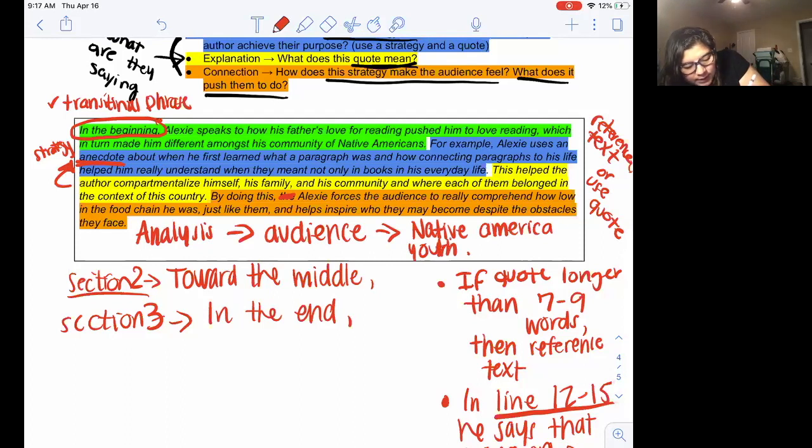I would have also accepted the answer of young people of color. Because an article like this, even though it's specific and he's talking about Native Americans, he's talking to everyone who's in similar shoes. Like people of color like us, sometimes people don't expect us to become anything, but we can go against those odds and be anything we want to be.